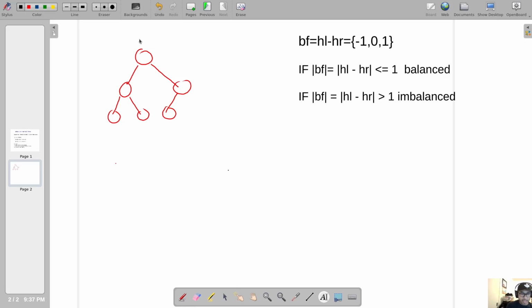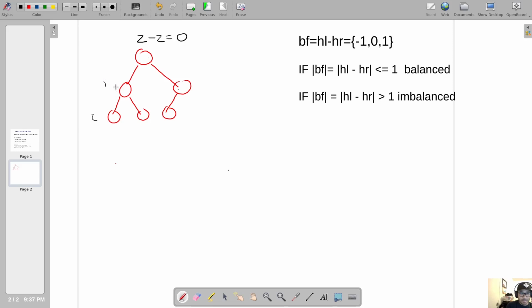So let's get the balance factor for the root node. Let's count the levels for the left subtree. 1, 2. So 2, and the one over here, 1, 2. 2 minus 2. So we can see the tree is balanced.